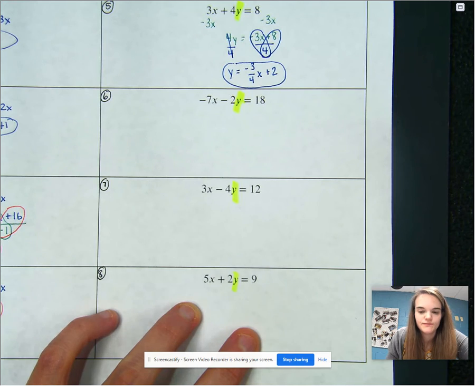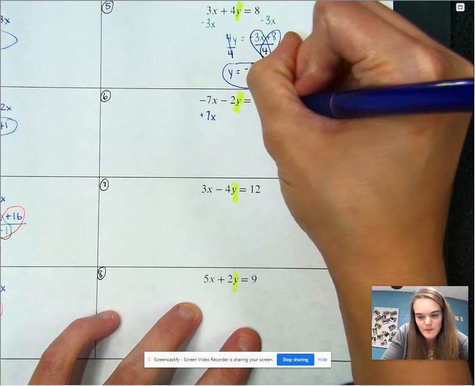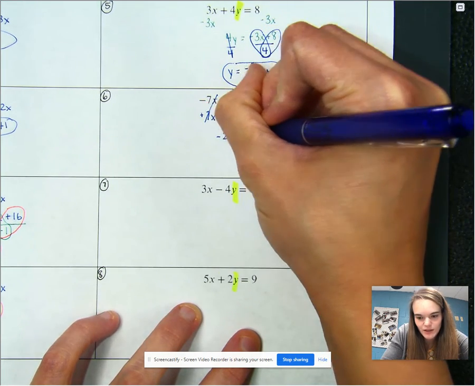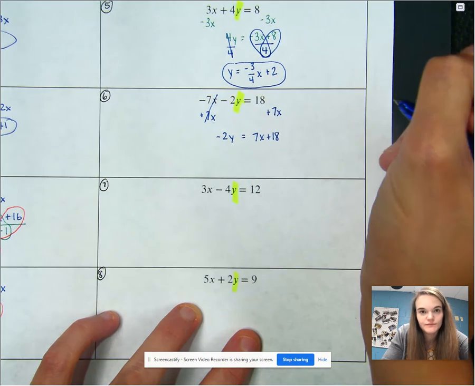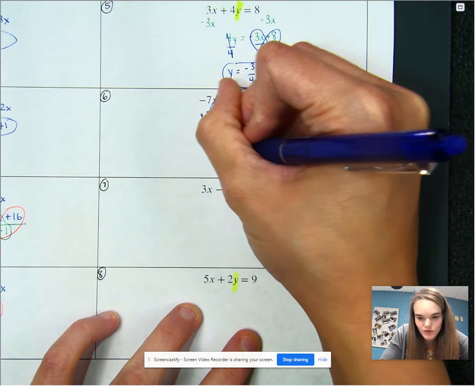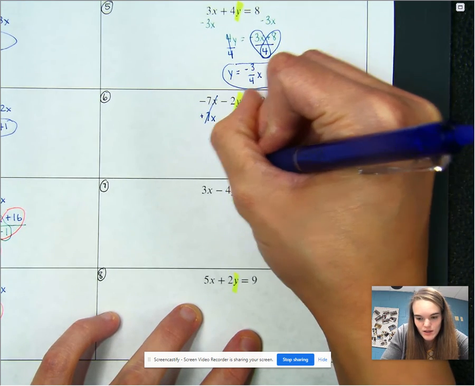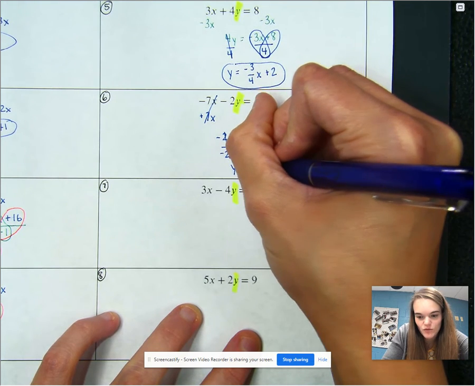Number 6. Add 7x because it's negative. Negative 2y equals 7x plus 18. Divide by negative 2. Y equals 7 divided by negative 2 is 7 over 2.